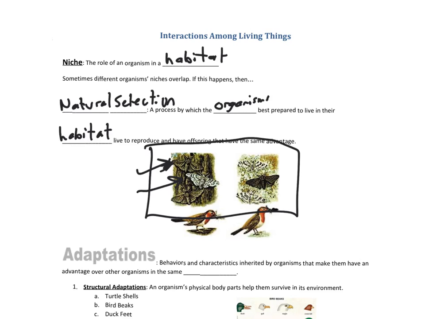So that created a sort of unnatural selection. It was humans that forced that change. And we call those changes adaptations. When there's a difference between species or an organism, and one of them is more adapted to living in its environment, right? So we'll talk now about adaptations.